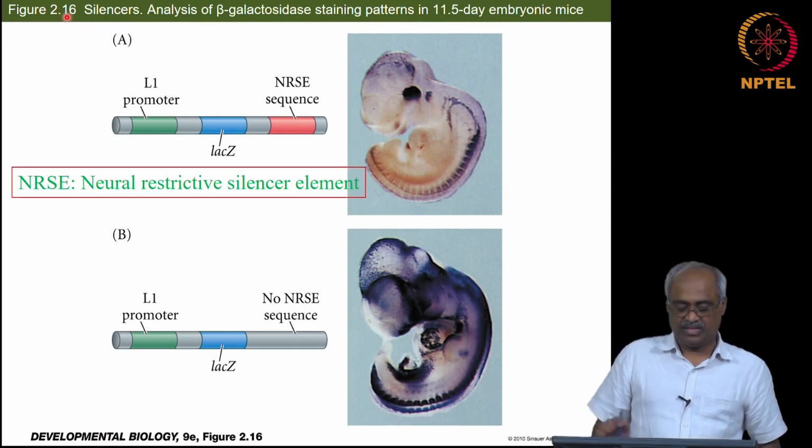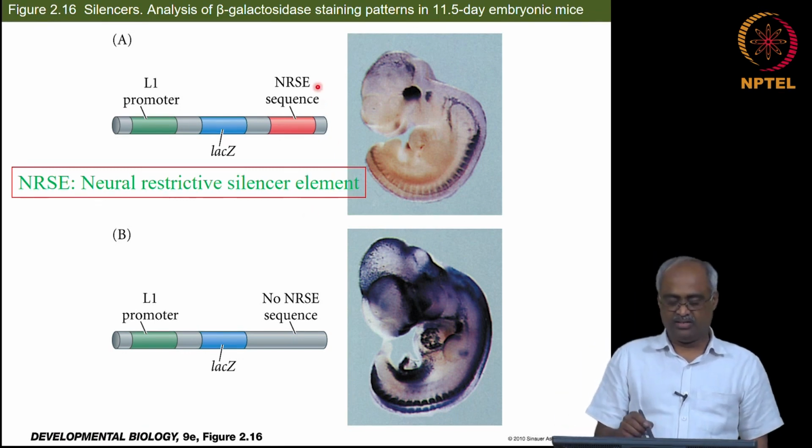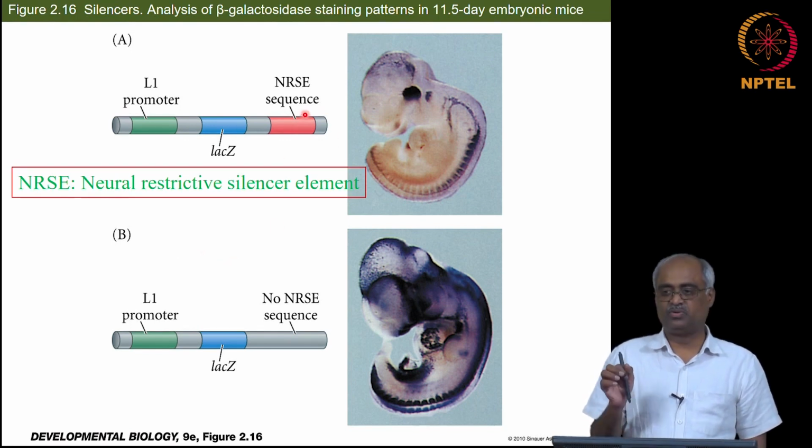So here is one example. Here you have an element called the neural restrictive silencer element. It binds a protein that is expressed in all tissues except neurons.